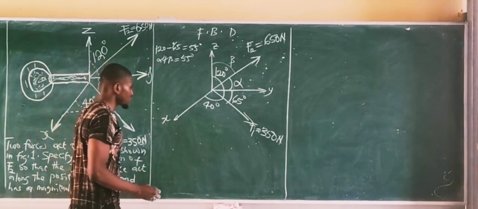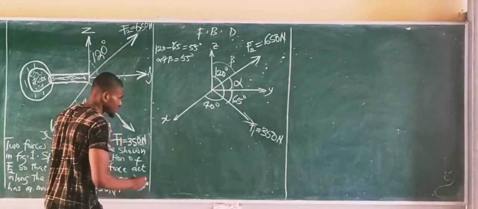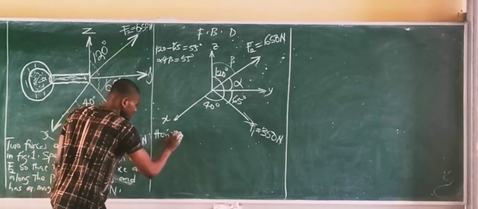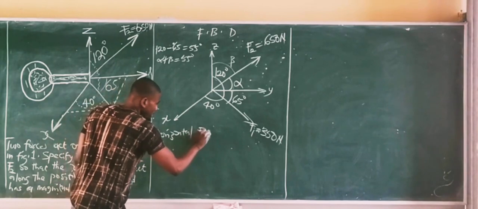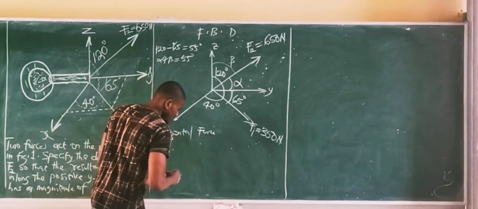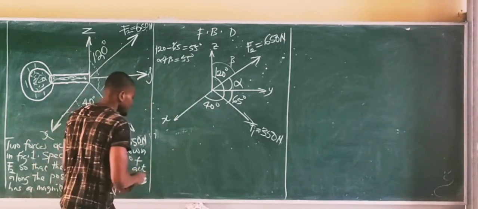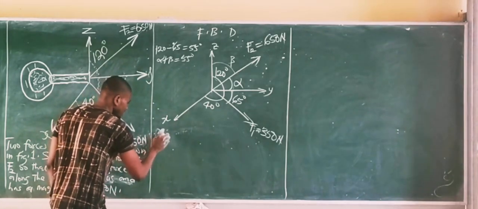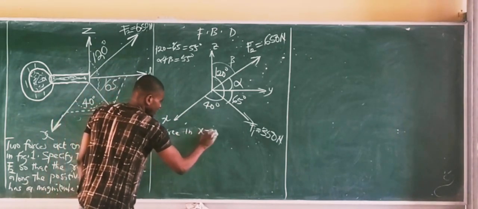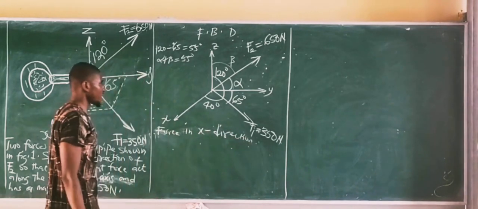Okay? Alright, so let's begin to find the components of the forces. Let's start with the horizontal force component, the component of force. So let's find the forces in the x direction. So we find all the forces in the x direction.